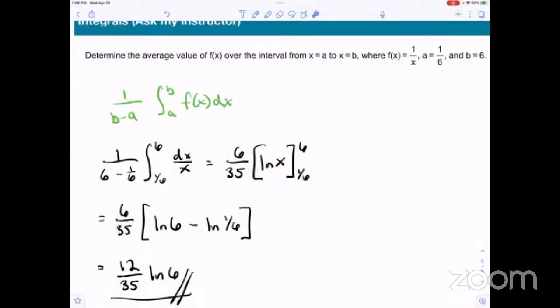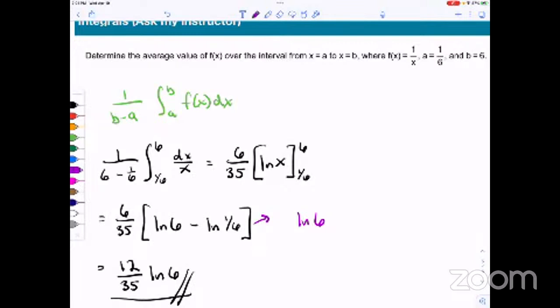Okay, so with that one, let's take it from right here. I'll do this in purple. This natural log of 6, I just left alone. But we had the natural log of 1/6. The log of a product becomes the sum of the logs, and the log of a quotient becomes the difference of the logs.